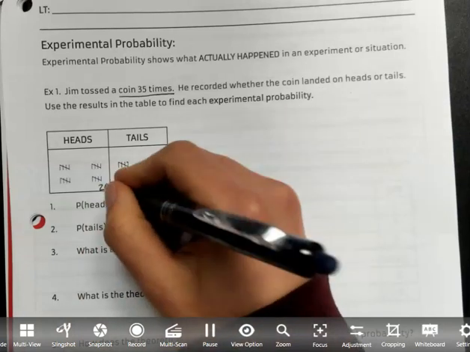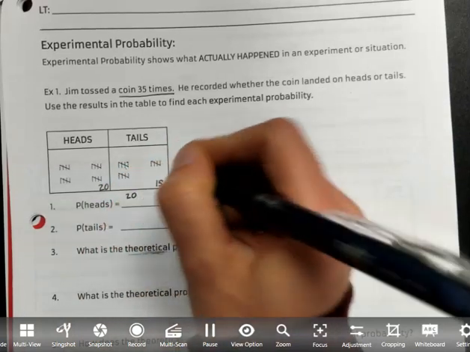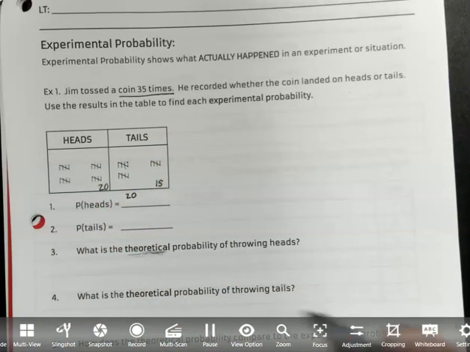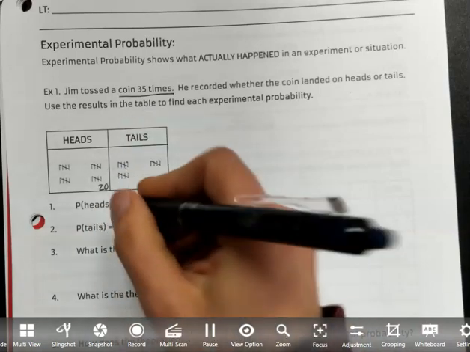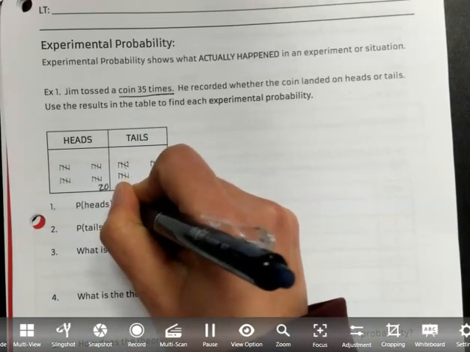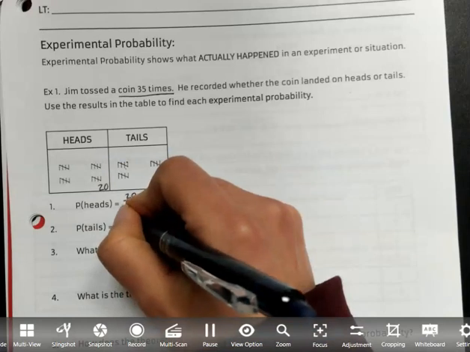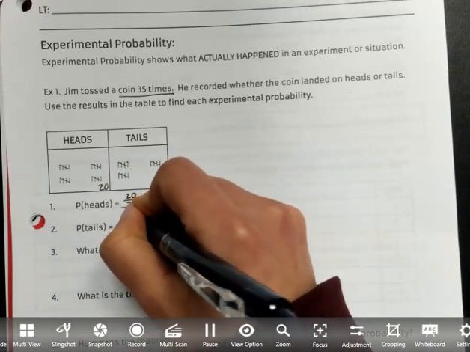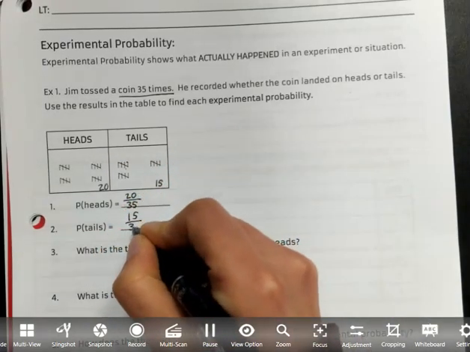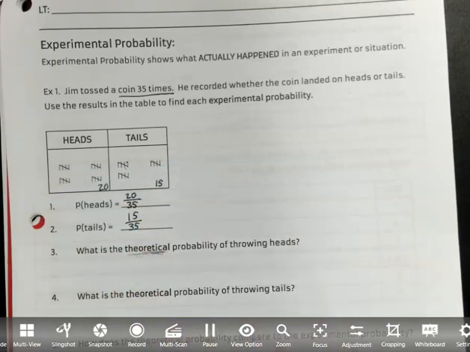Well, it landed on heads 20 times. How many times total did he throw the coin? He threw the coin total 35 times. So 20 out of 35 times landed on heads. All right. For tails, 15 out of 35 times landed on tails, right?